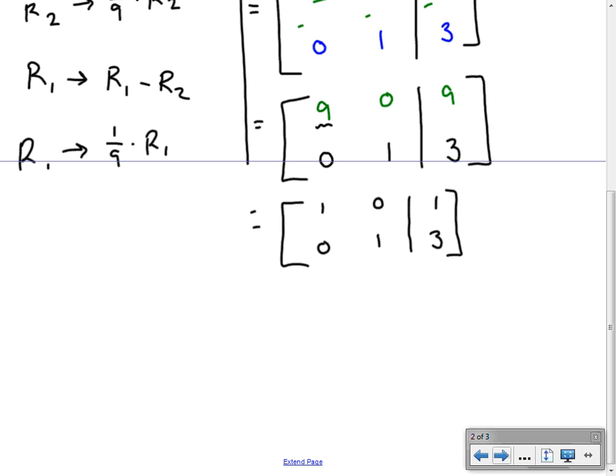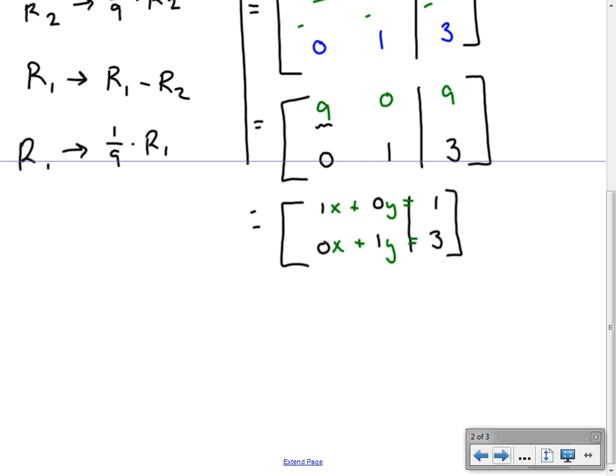So what this is really telling us, if we take this final augmented matrix and think about how we converted from our system to the original augmented matrix, is we have two equations. We have the equation 1x plus 0y equals 1. We also have a second equation, 0x plus 1y equals 3.